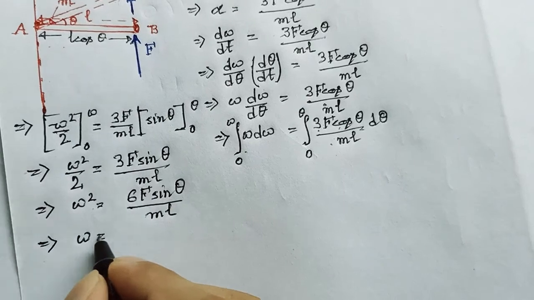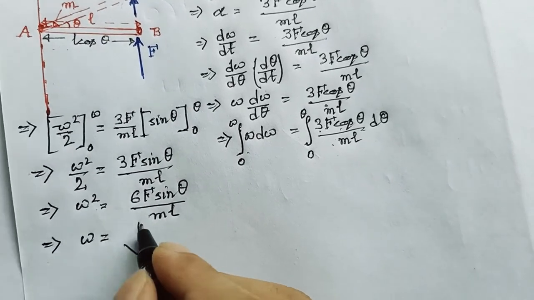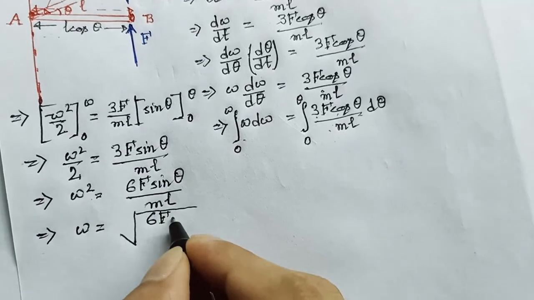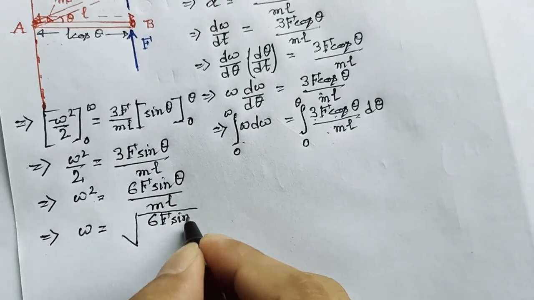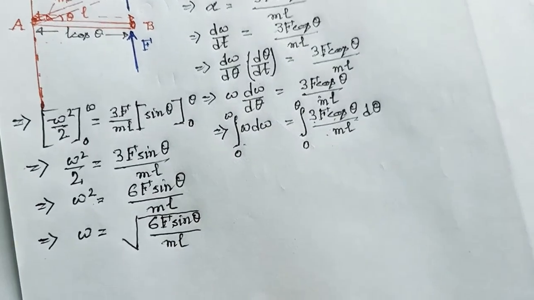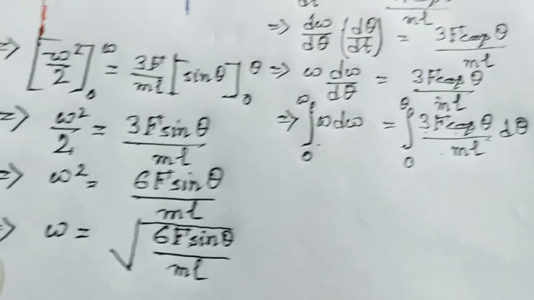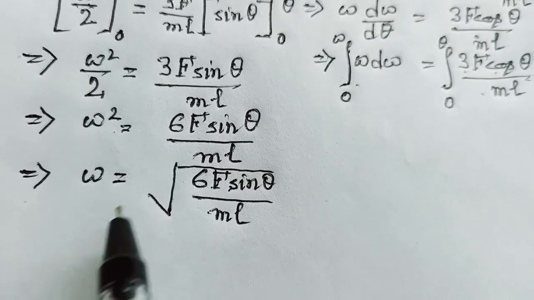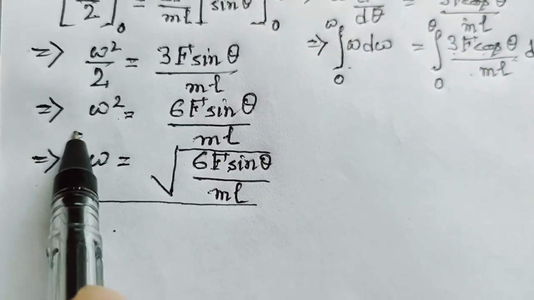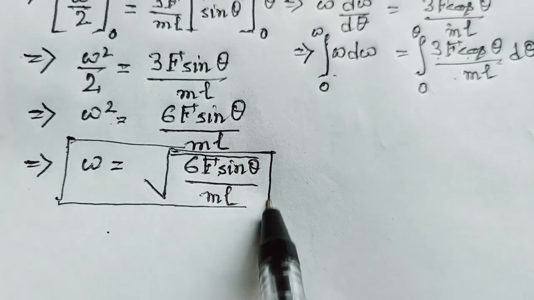So our angular velocity omega will be the square root of 6F sin theta divided by mL. So this is the required angular velocity of the rod as a function of theta.